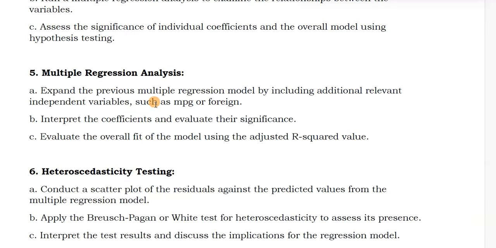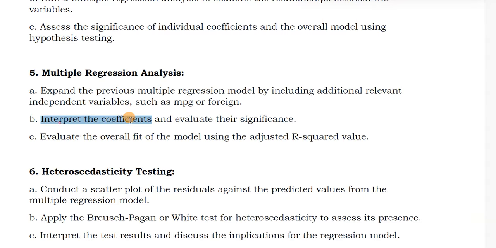And I also go to the multiple regression analysis by using the previous multiple regression and add relevant independent variables such as MPG, miles per gallon, and even also foreign. So you'll be having 4 x's instead of having 2 x's.